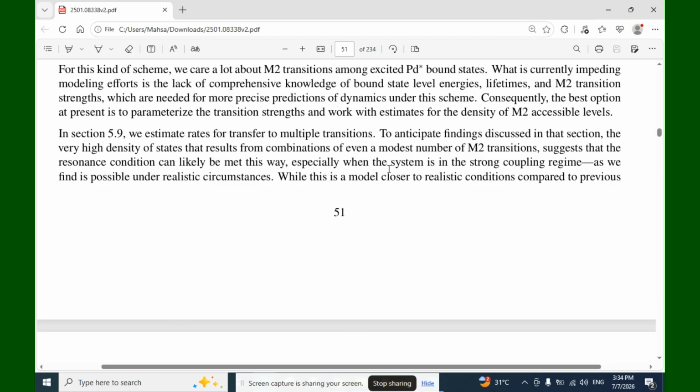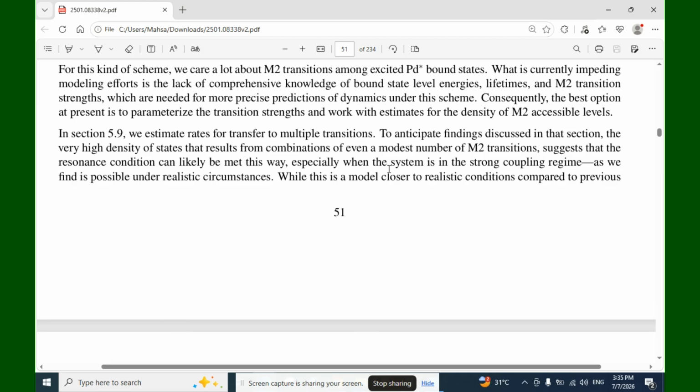As discussed in that section, the very high density of states that results from combinations of even a modest number of M2 transitions suggests that the resonance condition can likely be met this way, especially when the system is in a strong coupling regime, as we find is possible under realistic circumstances.